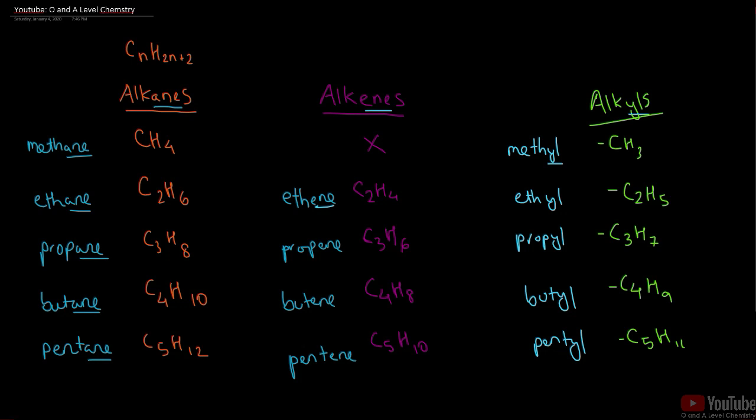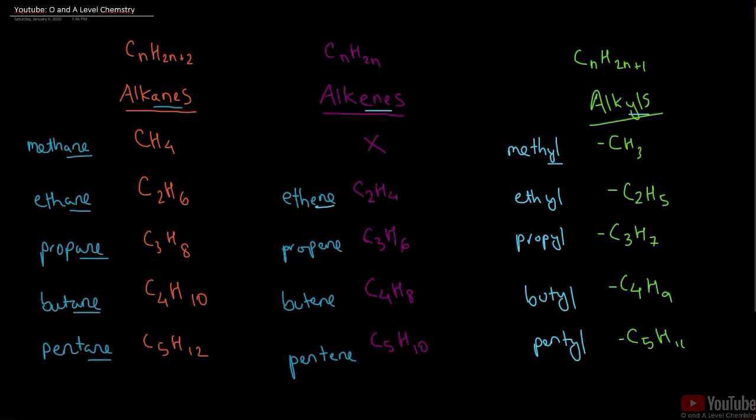And one thing I'd like to mention is that the general formula for alkenes is CnH2n. That's it. And for alkyls, it's going to be CnH2n plus 1. So go ahead and memorize at least all the way up to 12 carbon atoms.